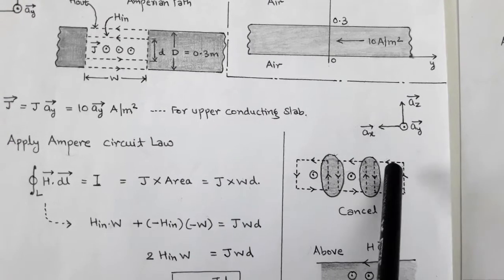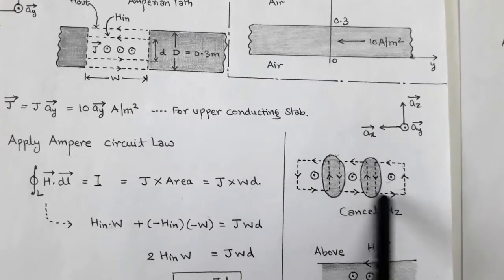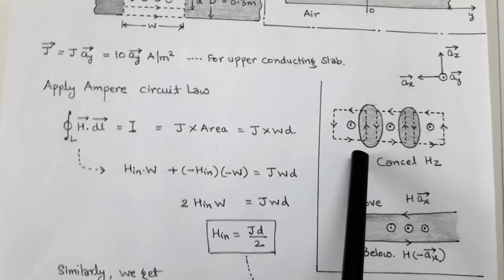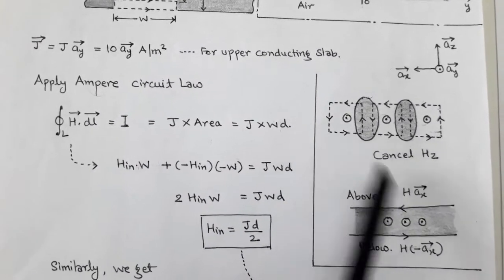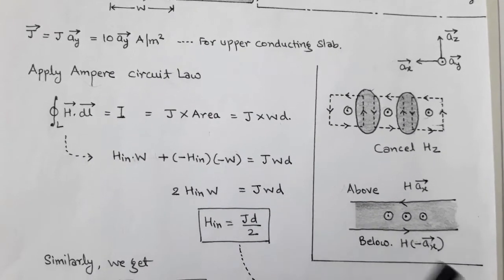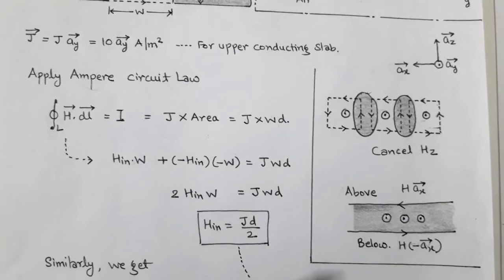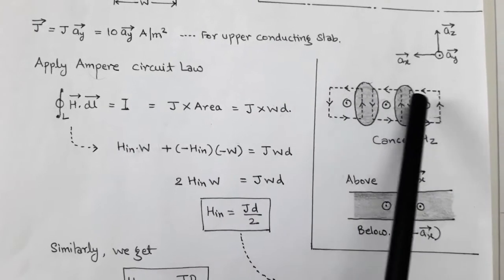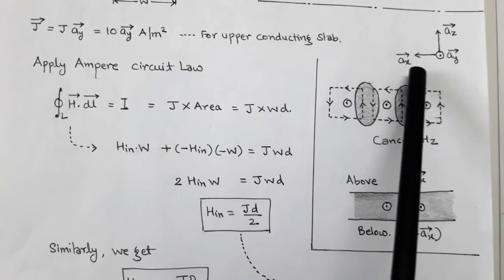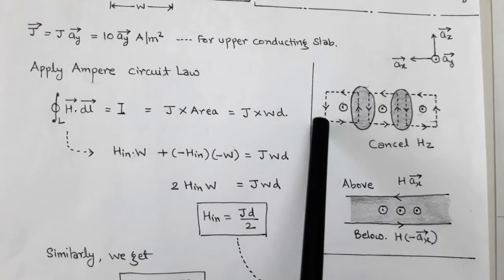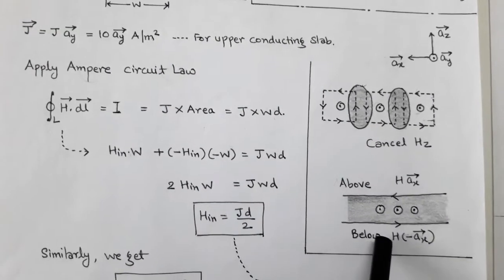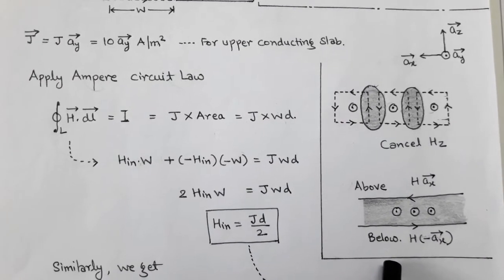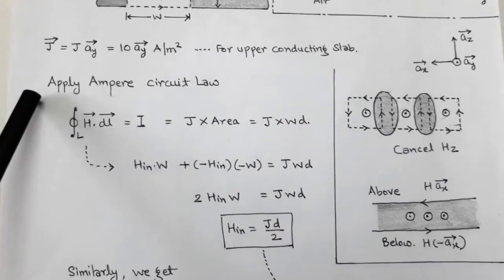We get only the X component of H. So we find that the vertical, Z component is cancelled and we get only the X component of H. Above the conducting plane the magnetic field intensity is toward the positive direction of X, and below this conducting sheet the direction of magnetic field intensity is toward the negative direction of unit vector X.